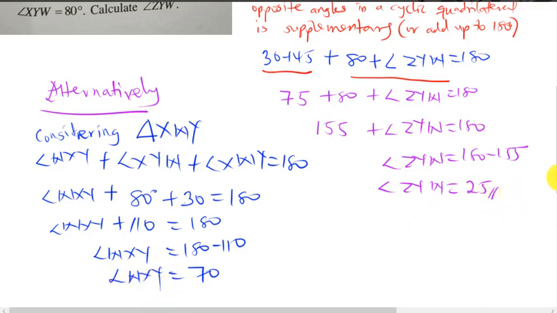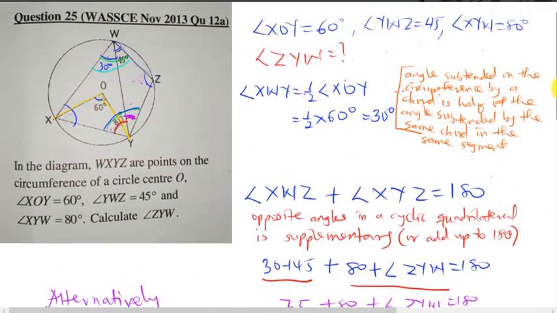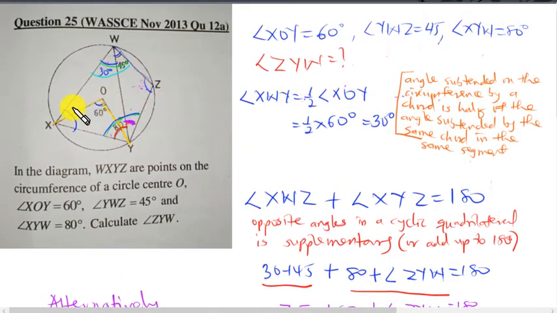Okay, so let's go back and look at our diagram. So the angle here is 70 degrees, and if here is 70 degrees, what do you think is the angle here? Tell me. That should be 110, because the opposite angles in a cyclic quadrilateral, as I did say, are supplementary or add up to 180 degrees.